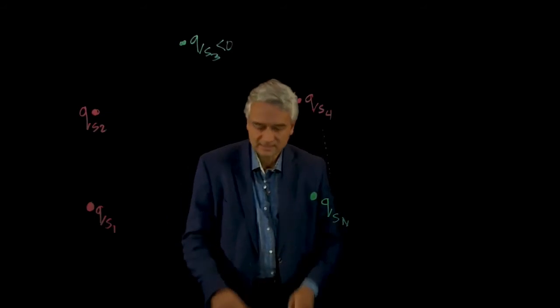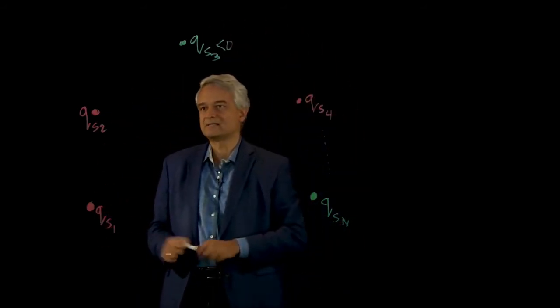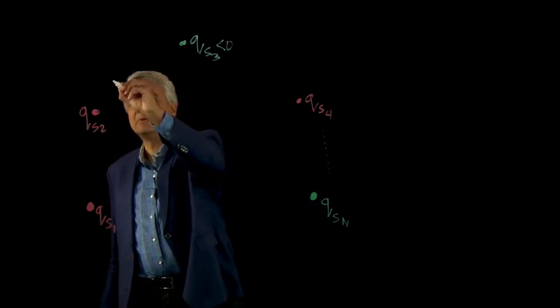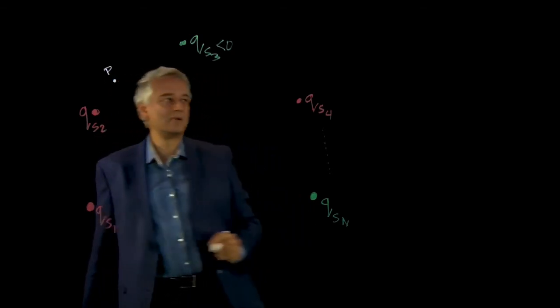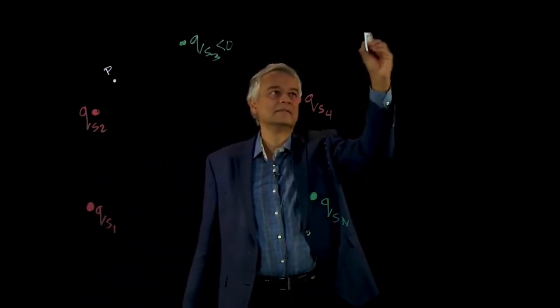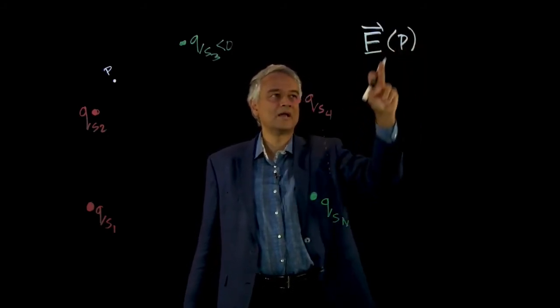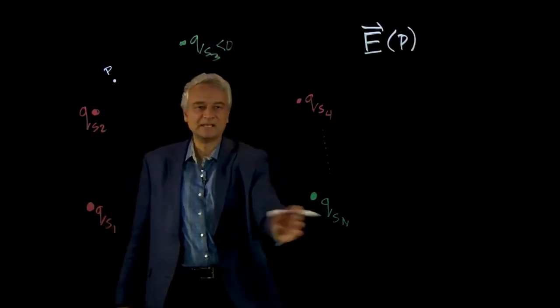And now I want to ask, what is the electric field caused by all of these charges at some point? I'll put the point P right there. So the question that I want to ask is, what is the electric field E at the point P, not caused just by one source, but caused by all of these n different sources?